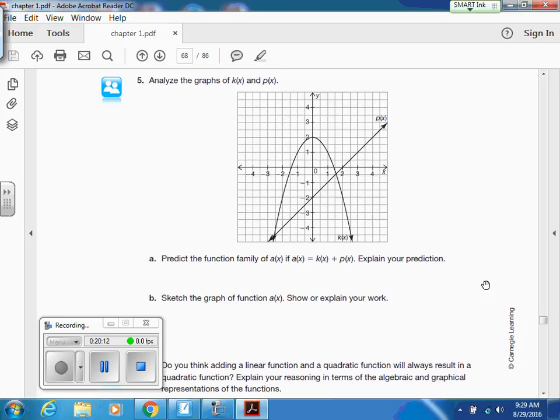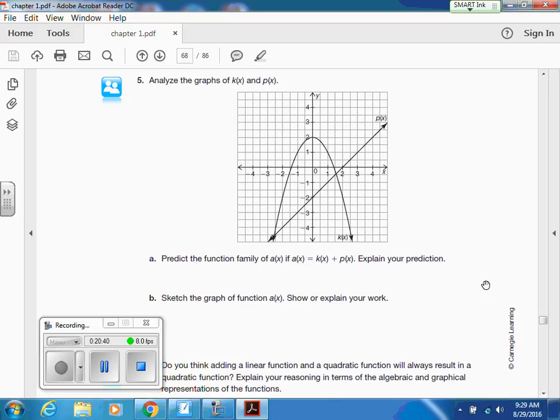Yes, we have a parabola and a line. So, have this parabola and this linear function. What function family is it going to be in when I add these two together? Cubic. If I'm adding them, it's going to be a cubic.